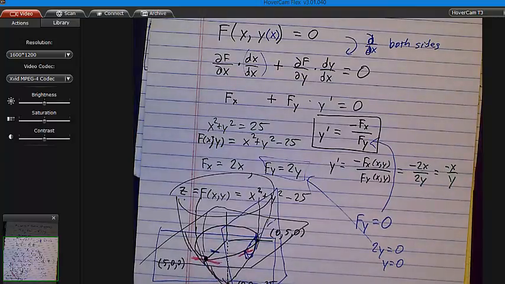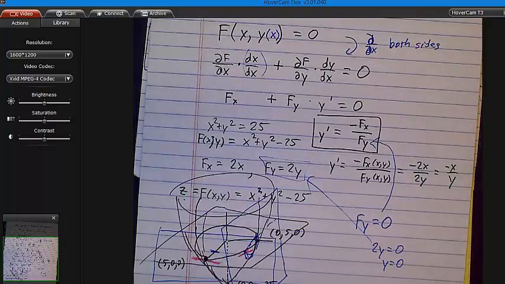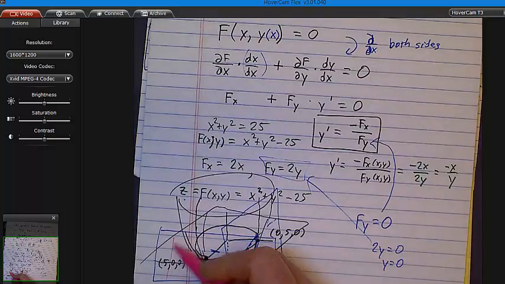Well, that's a vertical line in Calc 1. It has no slope. And again, if I had a fixed x, there, I guess that would be a plane like this.